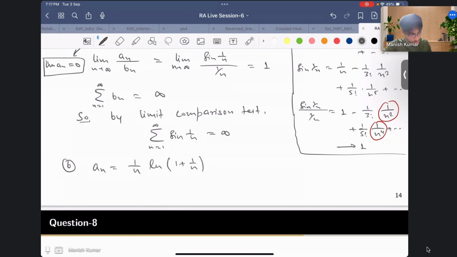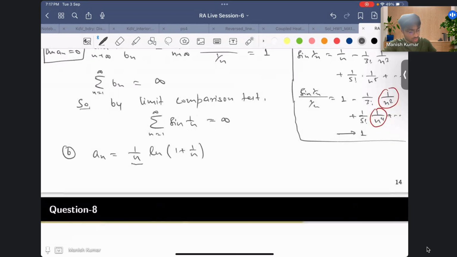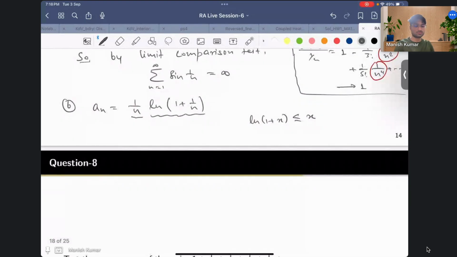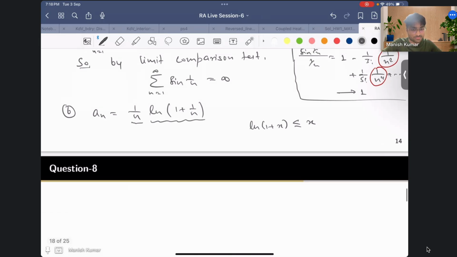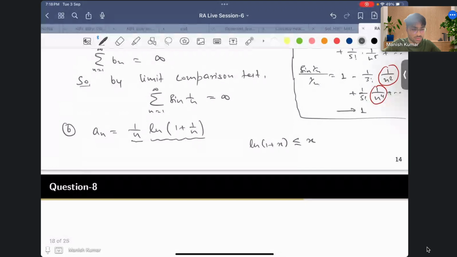Over here 1/n is okay. Now what about this logarithm? How does this logarithm behave? I think one can prove it without using limit comparison, because from there only you can get the idea. So do you know this bound?